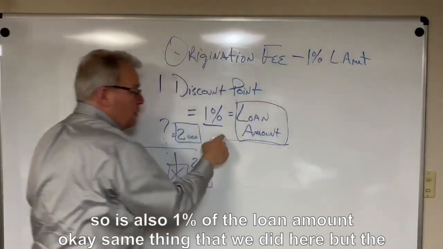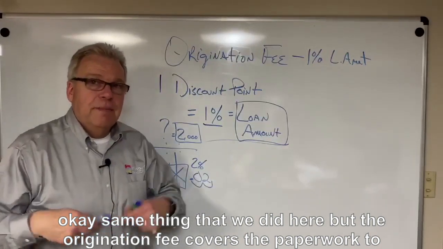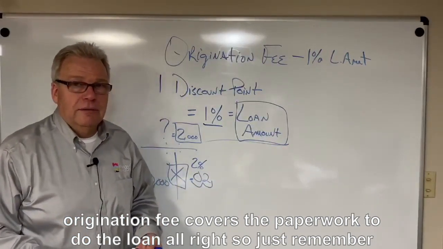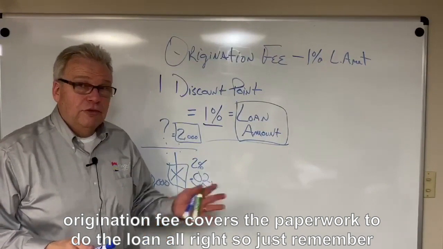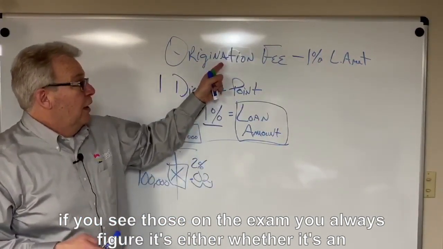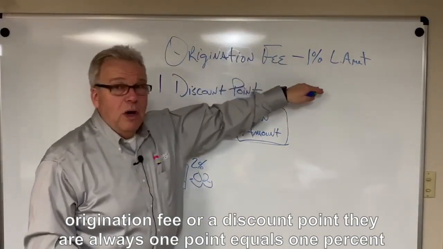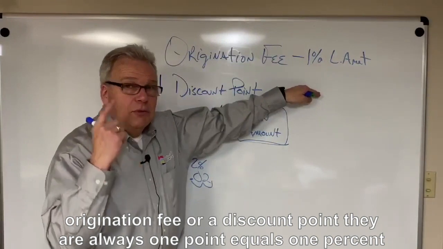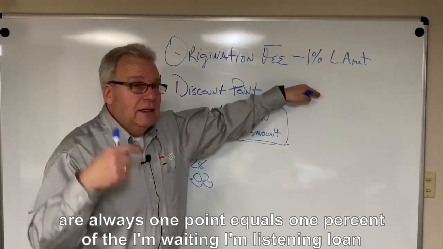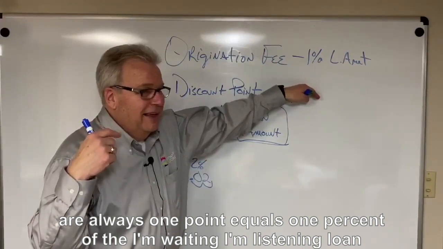Same thing that we did here, but the origination fee covers the paperwork to do the loan. So just remember, if you see those on the exam, whether it's an origination fee or a discount point, they are always 1 point equals 1% of the, I'm listening, loan amount.